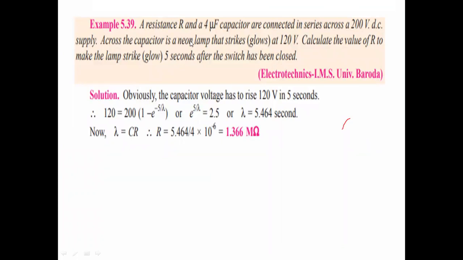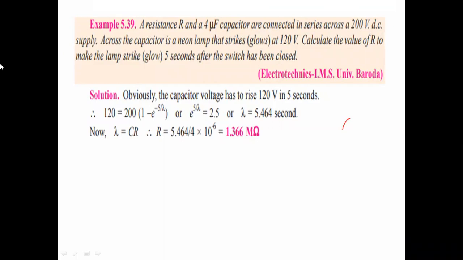So there is an example problem: we have a resistance R and a 4 microfarad capacitor connected in series across a 200 volts DC supply. Just like our resistor and capacitor are connected in series to the voltage supply of 200 volts.